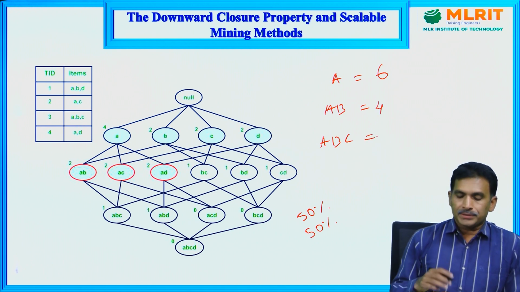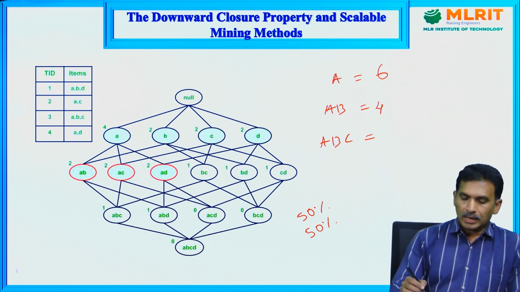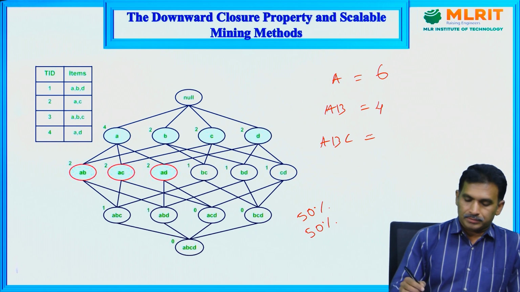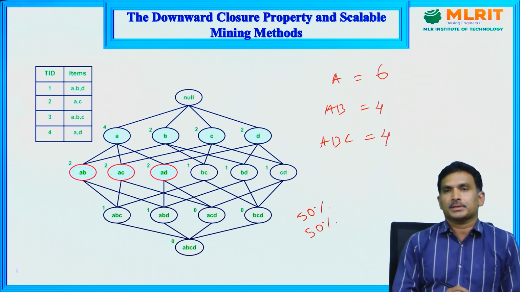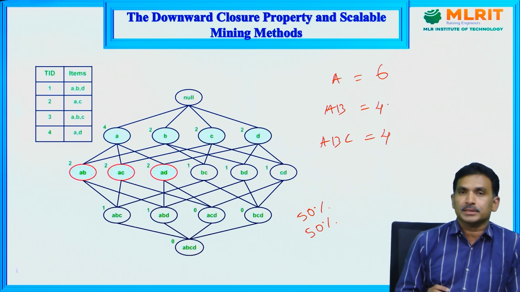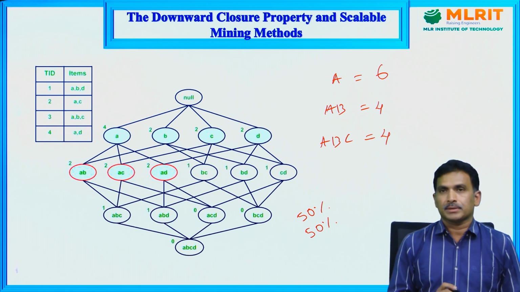And ABC, in the worst case, may also appear in at least 4 transactions, not more than 6 transactions for AB, and ABC also not more than 4 transactions, right?